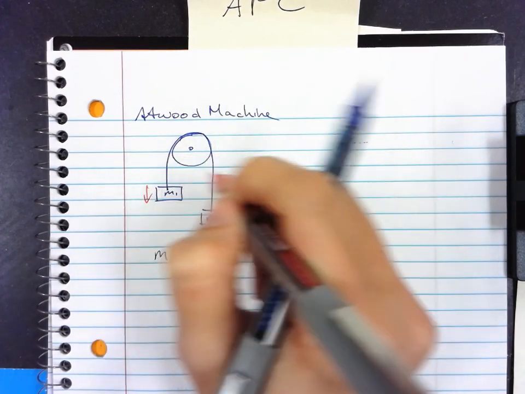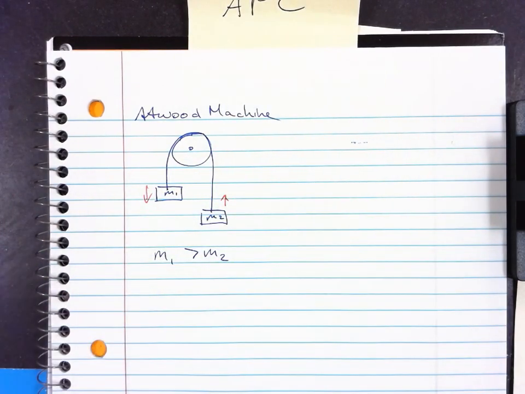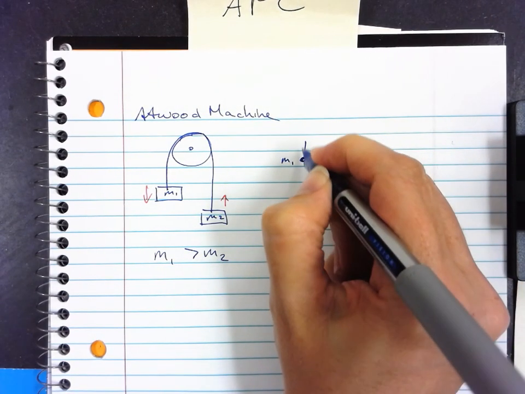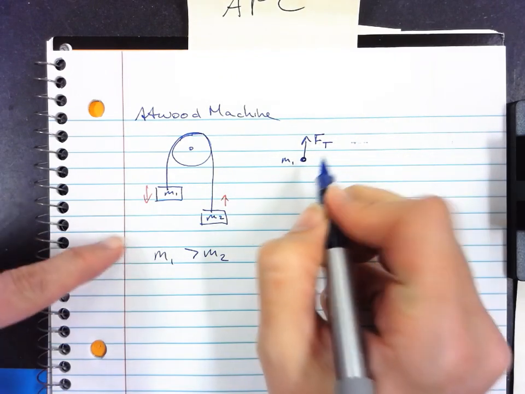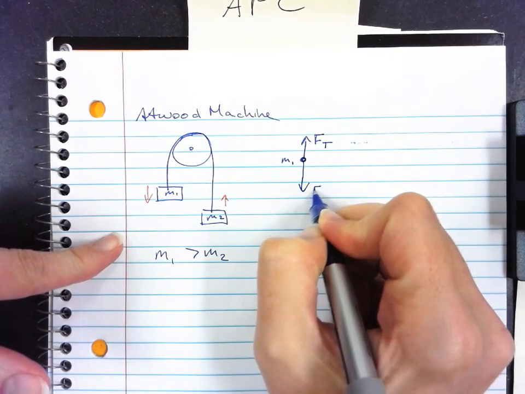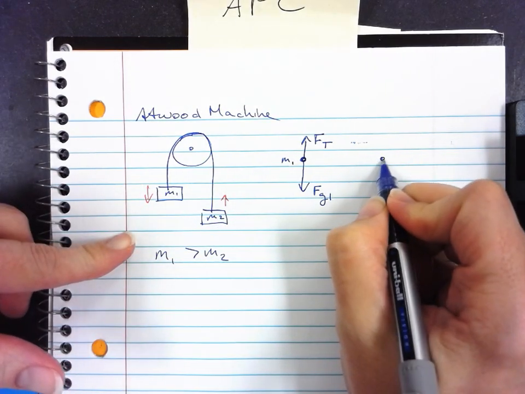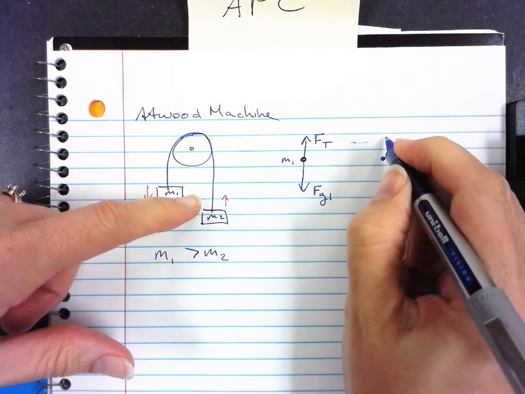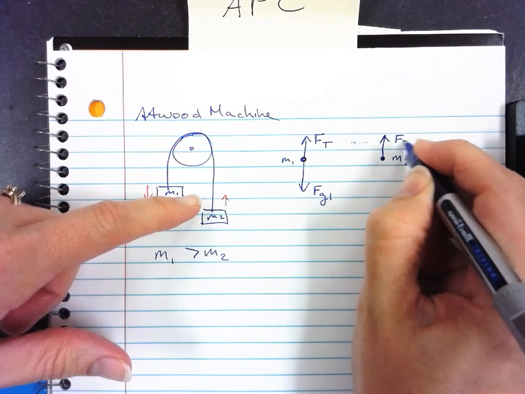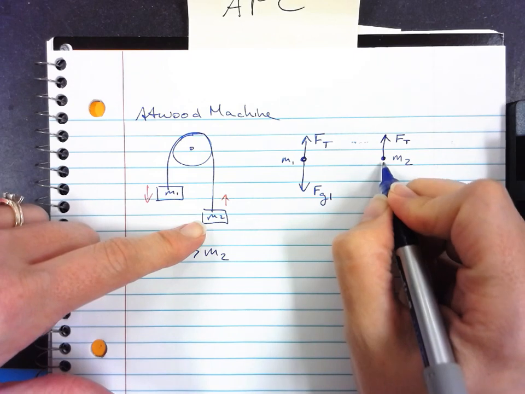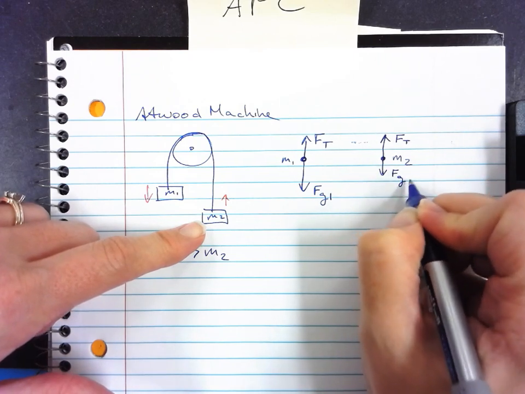So M1's going to accelerate down, M2 is going to accelerate up. M1, we have tension and gravity, and I'm going to make gravity 1 longer because this one accelerates down. On M2, it's the same amount of tension because it's the same string, but this has a lesser mass, and so it has a lesser force of gravity.